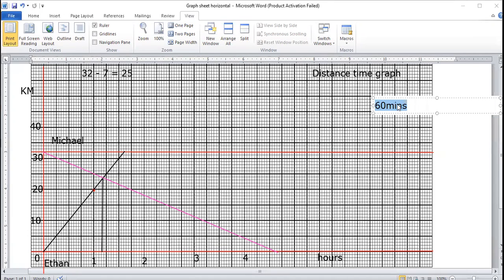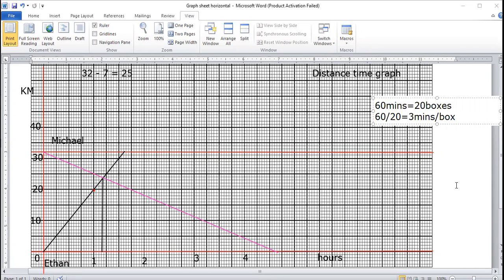And 60 minutes are being represented by 20 small boxes. So 60 divided by 20 will be 3 minutes per box.